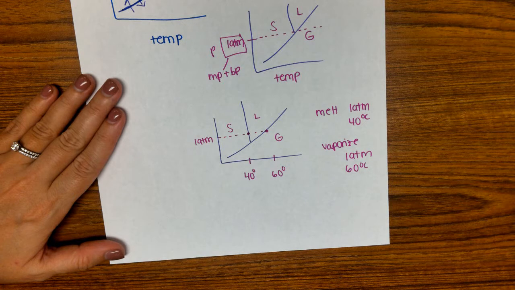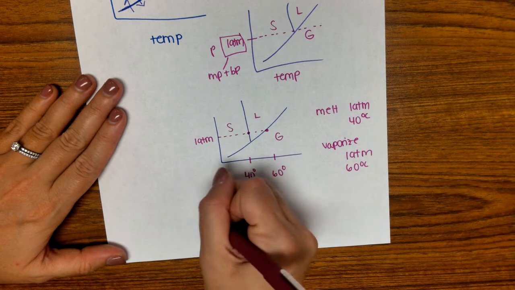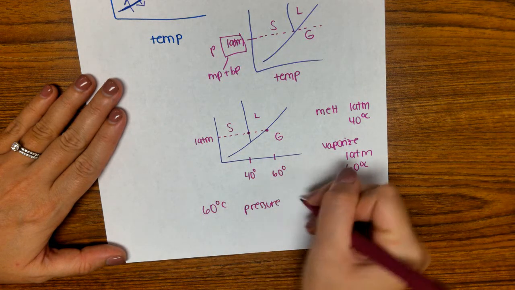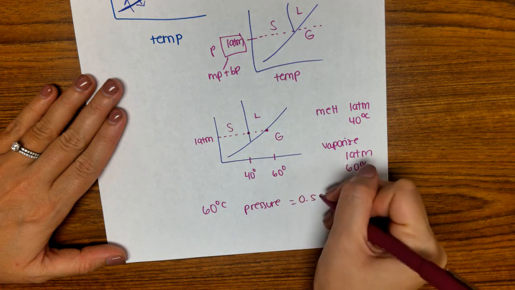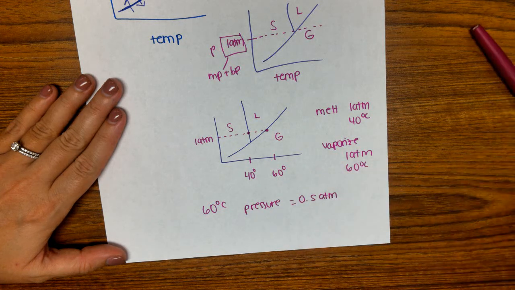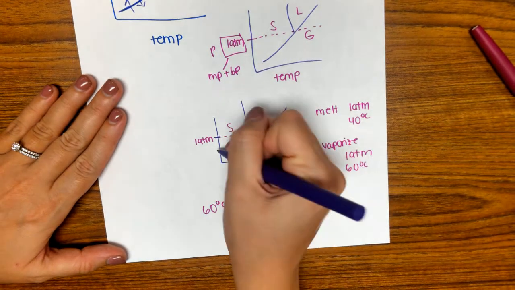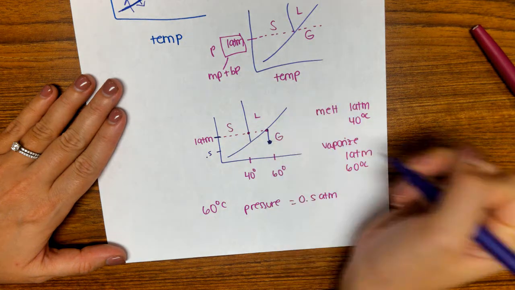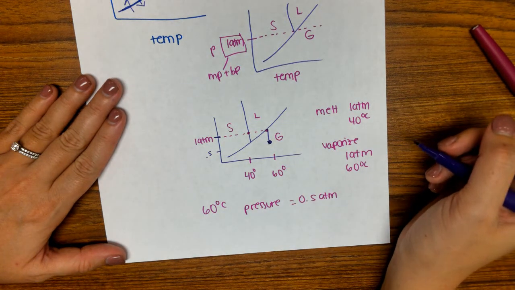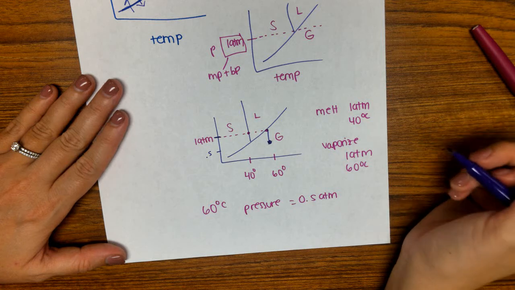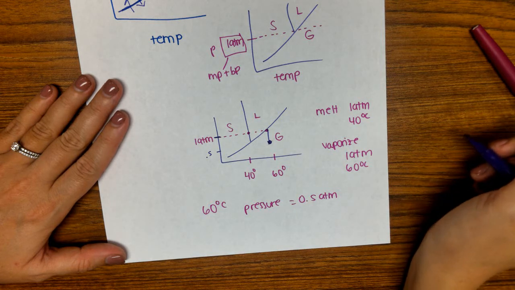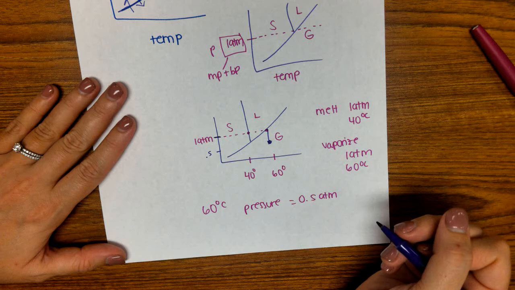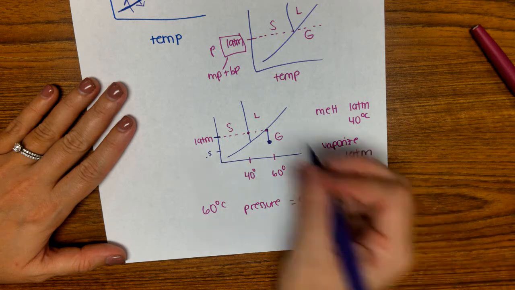But let's say it's at 60 degrees and the pressure is 0.5 atm. What state of matter would it be? So this is pressure 1 atm, 0.5 is going to be down here, and so it would be a gas. It would be a gas at the lower pressure, even at the higher temperature. And so I wanted to know at 0.5 atm, could it even condense?